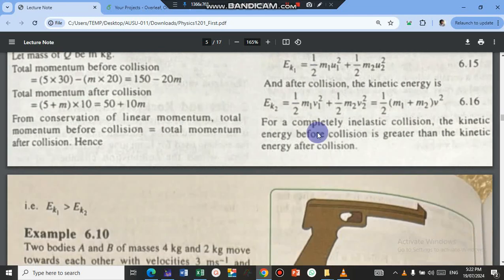I can rewrite this equation simply as half open bracket m1 plus m2, meaning I just add the masses of the two bodies that stick together, and then I have the velocity v common to them. I don't have to say v1, v2, and then I square it. So kinetic energy after collision is equal to what I have here.